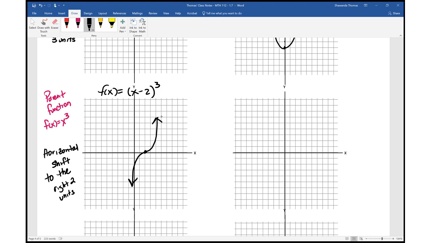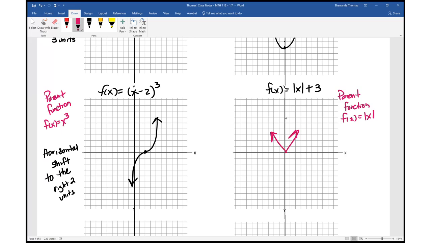All right. What about f of x equals the absolute value of x plus 3? Well, parent function is the absolute value function, f of x equals the absolute value of x. What is the shape of that? Memorize the shapes of these parent functions. It is a V shape.